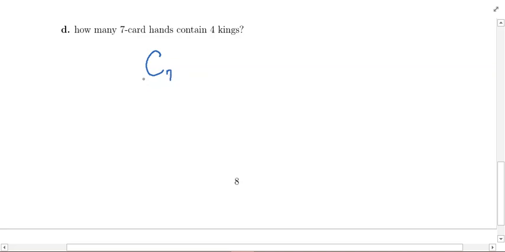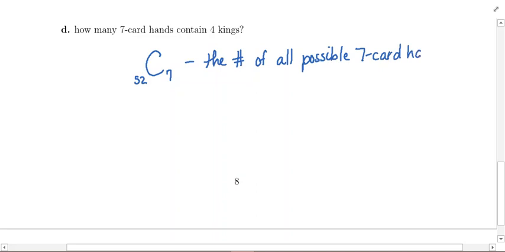I'm first going to look at all possible 7-card hands, so I'll do 52 choose 7. This gives us the number of all possible 7-card hands with no restrictions, because you're choosing 7 cards from the entire deck.